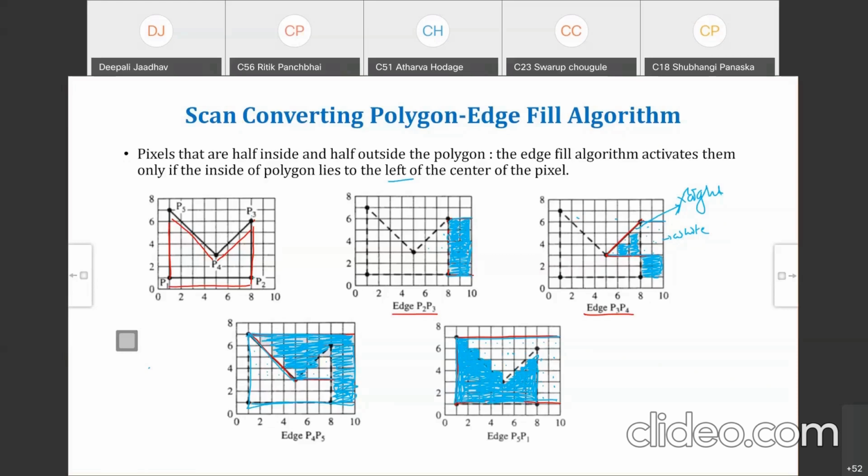And these pixels are not colored. Half of the pixels are not colored. So this is one disadvantage of this one, that half of the pixels remain uncolored even if they are inside the polygon, and some of the pixels are colored even if they are outside the polygon. That is one disadvantage.